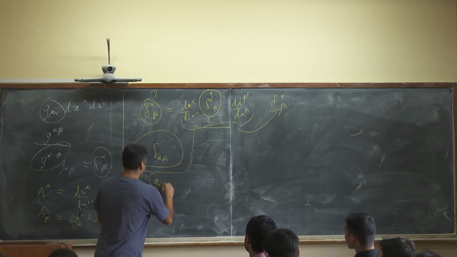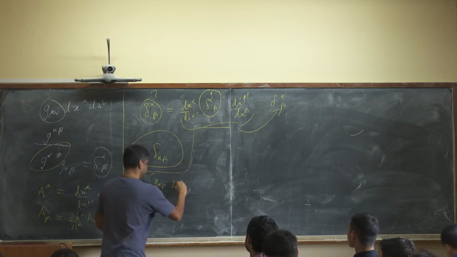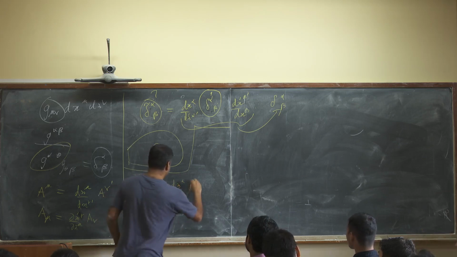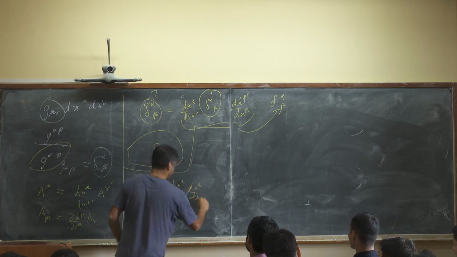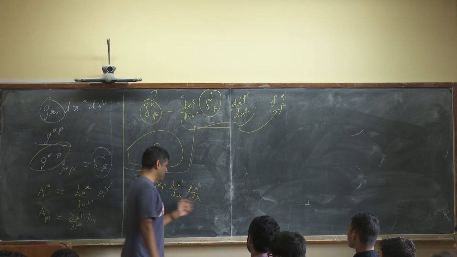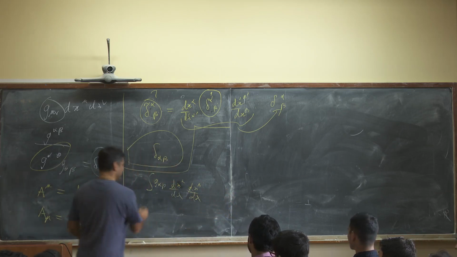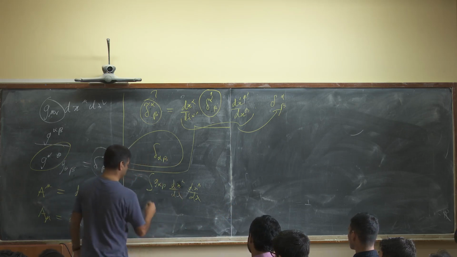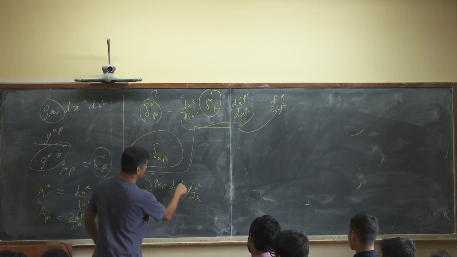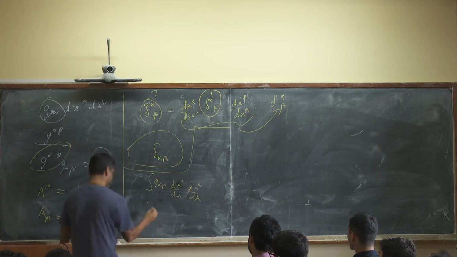We had g alpha beta dx alpha by d lambda dx beta by d lambda. And then we had some other term. We got E equal to 1, which told us that the square of dx by d lambda was 1.